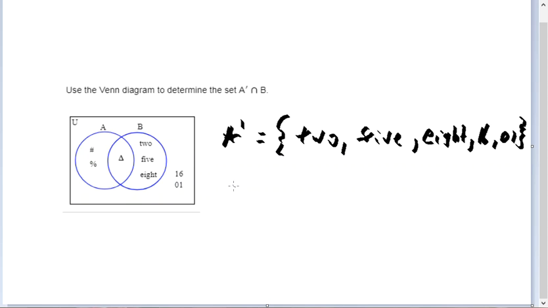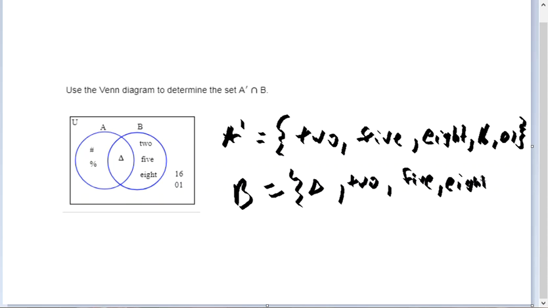Now, B is equal to the set 2, 5, and 8. The intersection symbol means what's both in here and there.